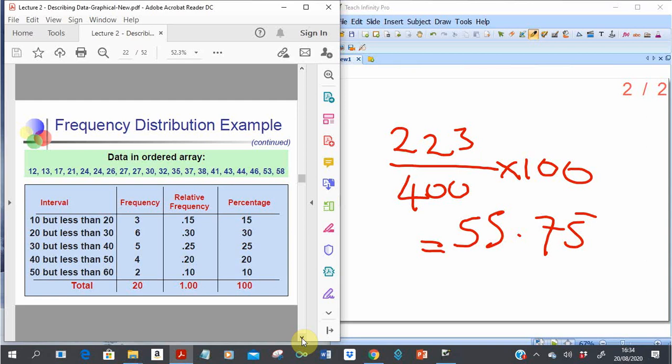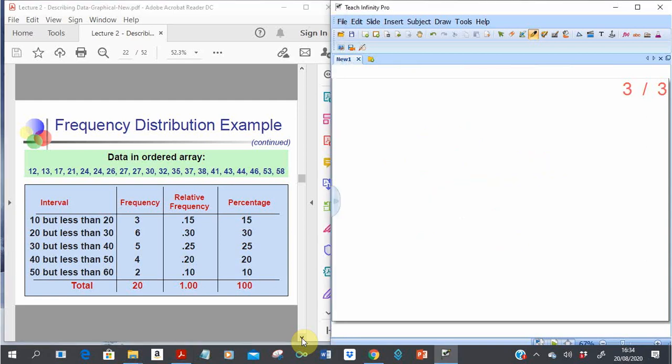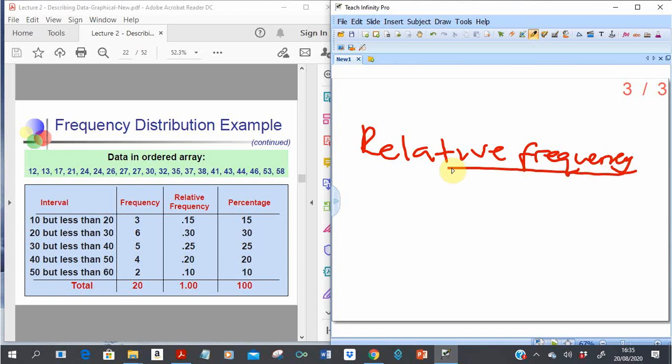there's something that we did not do previously. Now we're going to discuss how to find the relative frequency. The relative frequency is actually calculated from the frequency. For the first class interval, you get the frequency divided by the total frequency.